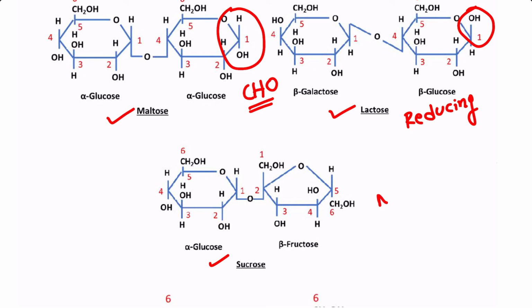So this is non-reducing. This is because the aldehyde group that is present in the C1 of alpha glucose and the keto group that is present on the C2 of fructose are combined here to form this glycosidic bond. So there is no free aldehyde or keto end. So sucrose is non-reducing.